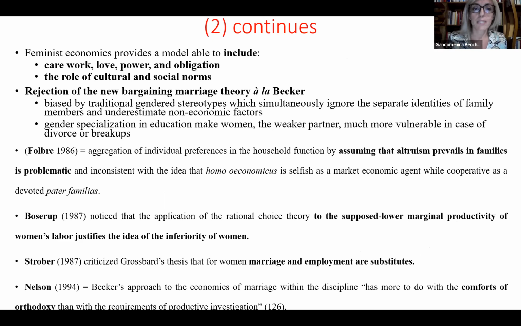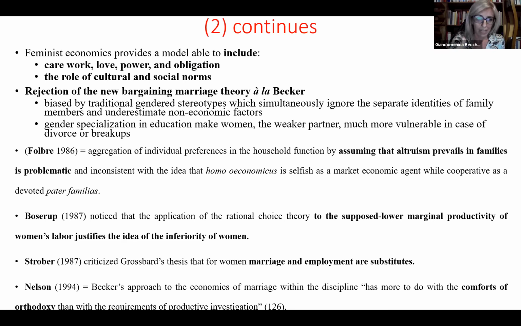So feminist economics, before going to Barbara Bergmann, provides a model able to include care work, love, power, obligation, and the role of extra-economic factors such as cultural and social norms. Feminist economics rejects the neoclassical marriage theory à la Becker.